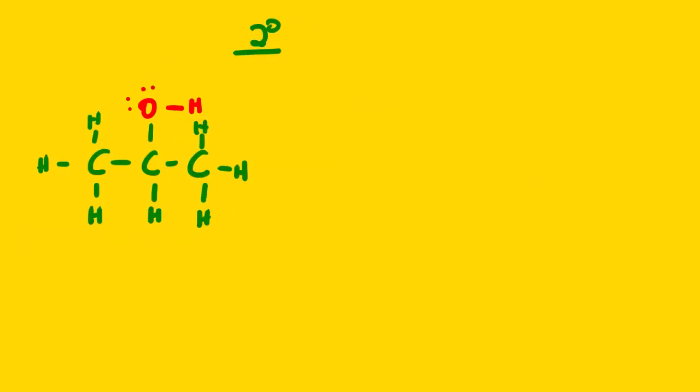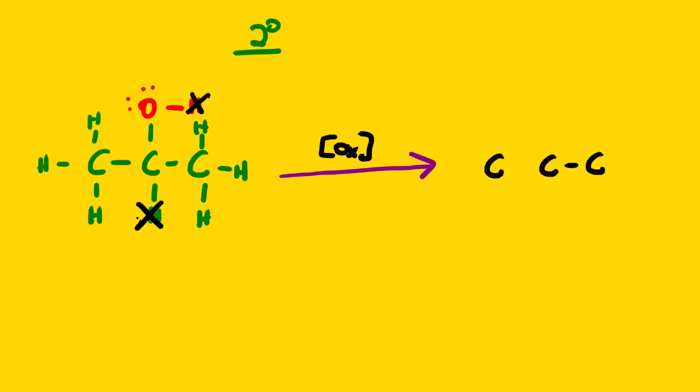Well, let us look at oxidation of a secondary alcohol. In this one, remember that the basic mechanism is that we remove one hydrogen from the hydroxy group and the second hydrogen from the very same carbonyl carbon. So we are going to take out this and also this, and then this will form a ketone.